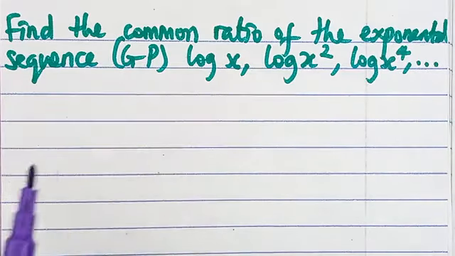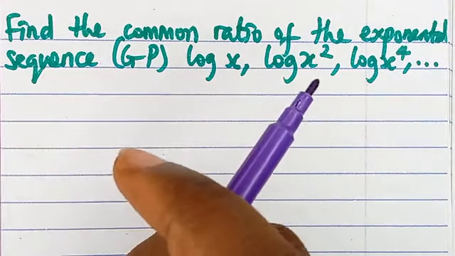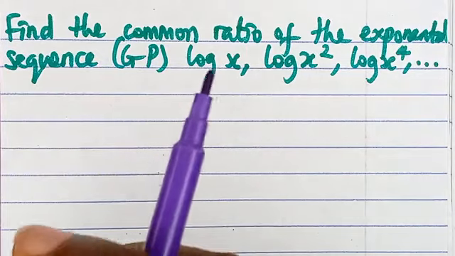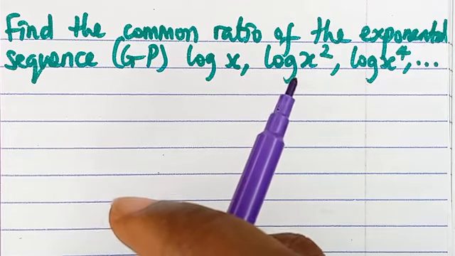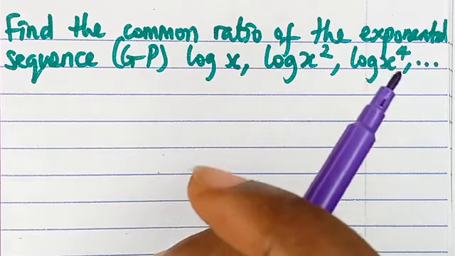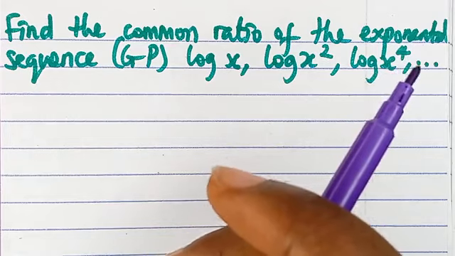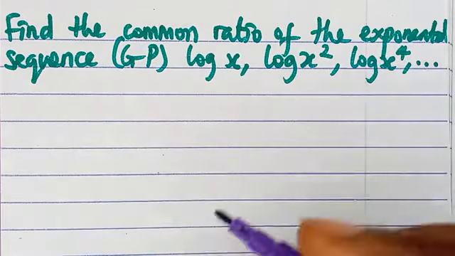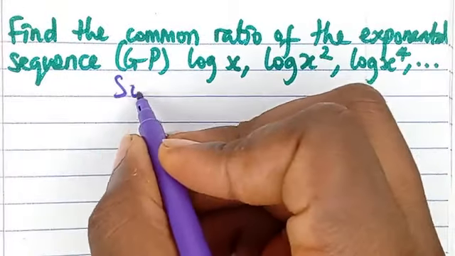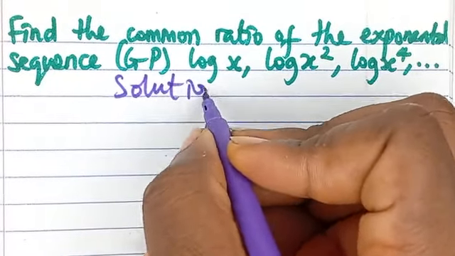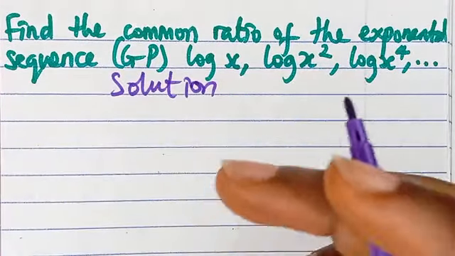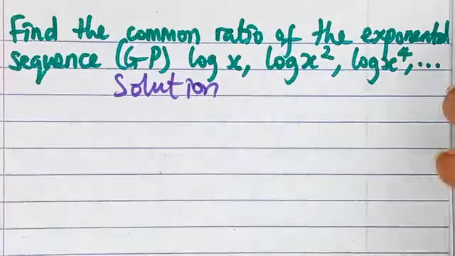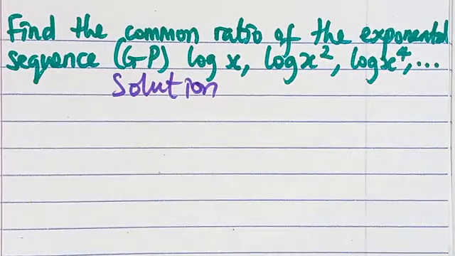Now let's solve one more. Find the common ratio of the exponential sequence, that's a GP, of log x, log x squared, log x raised to power 4, and so on. Okay, so this looks a little bit strange, but what do we do? Let's write out our first term. Okay, let's rewrite this.